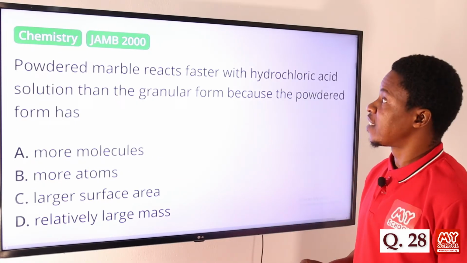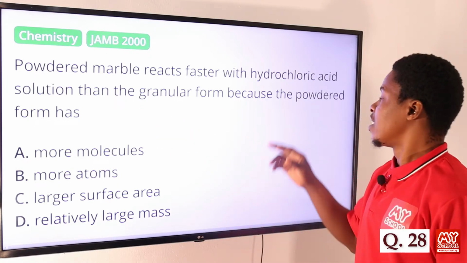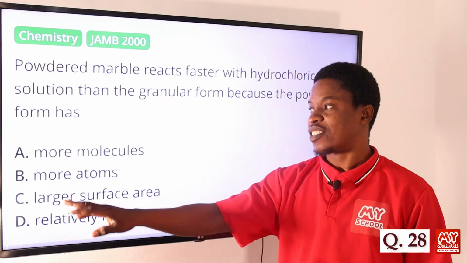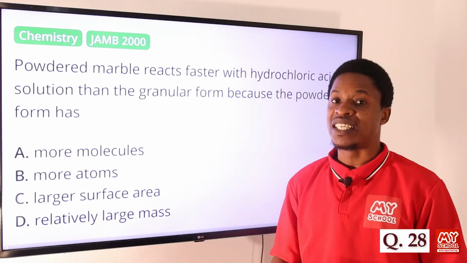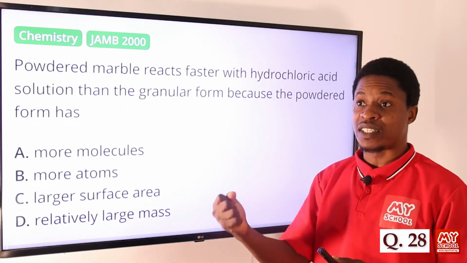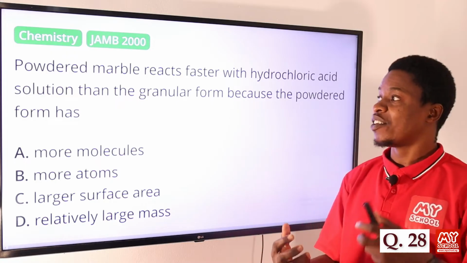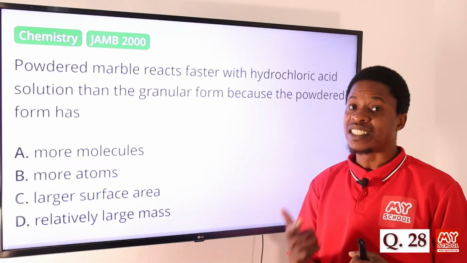Powdered marble reacts faster with hydrochloric acid solution than the granular form because the powdered form has what? Is it more molecules, more atoms, larger surface area, relatively large mass. Of course, if you have the same quantity of a substance in powdered form and the other one in granular, the smaller the particles, the faster the rate of reaction.